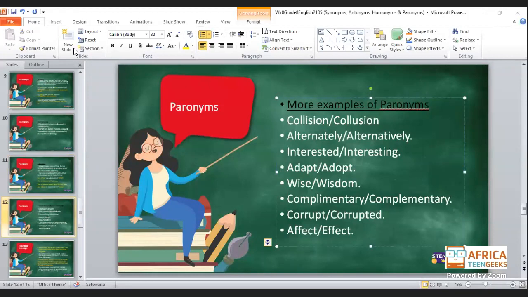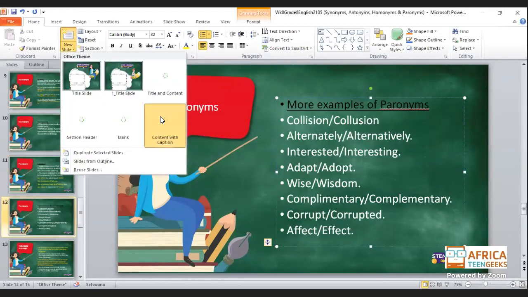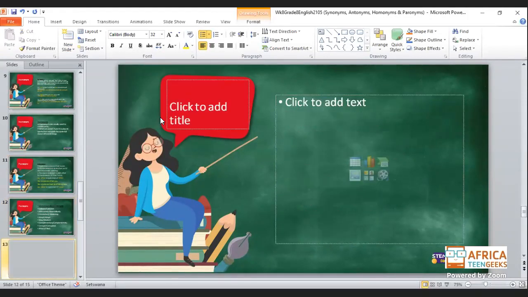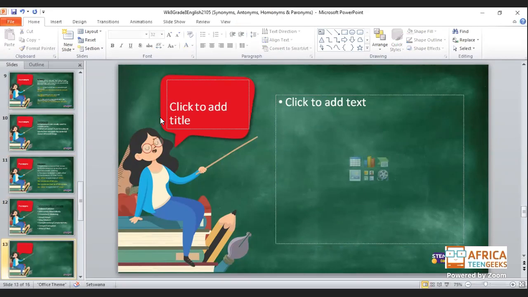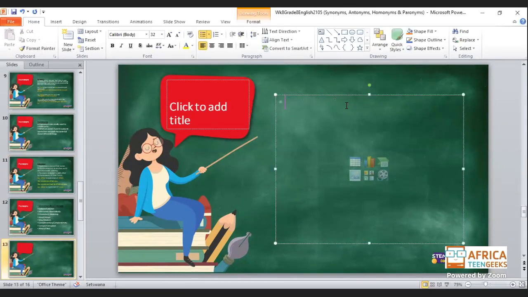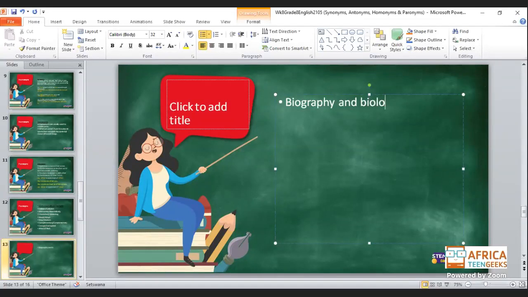Okay, let me open a new slide here. I just opened a new slide to show Mkon that these are not paronyms and why. Mkon is asking if biography and biology are paronyms, right?